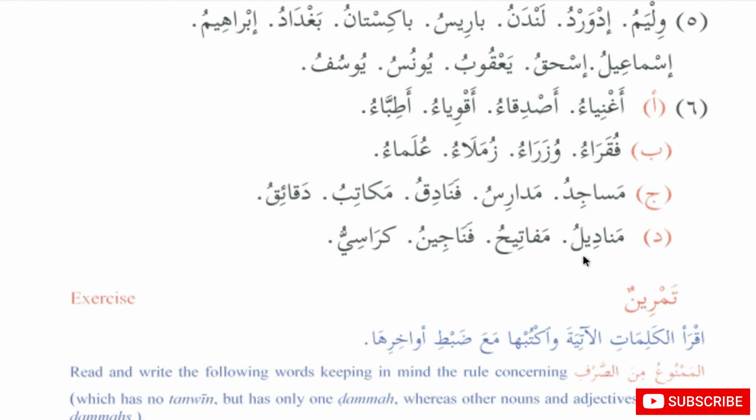And if there's three letters with the middle letter being sakin, like here, here, and here, sakin means there's no vowel on it, it has sukun, it's not pronounced. Then it also falls under the same category.